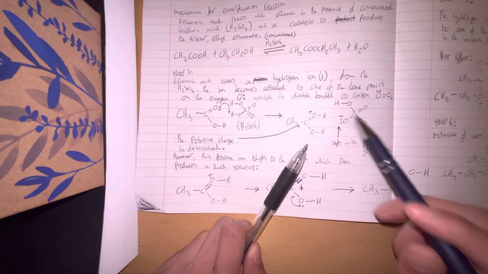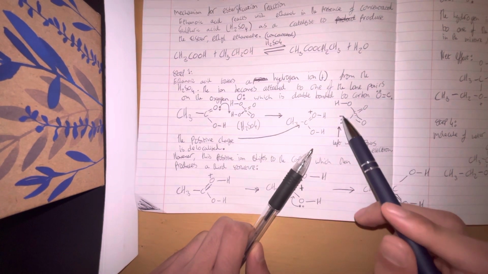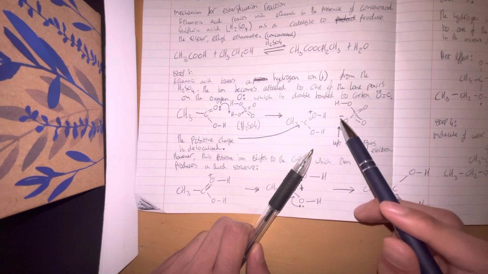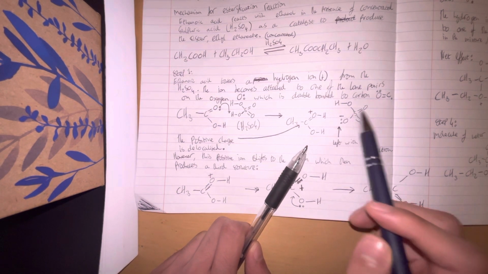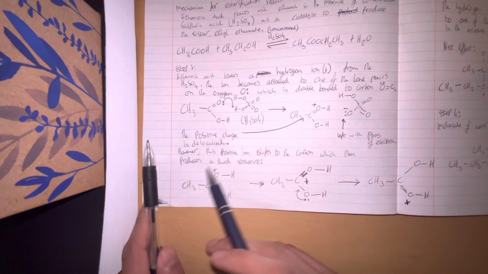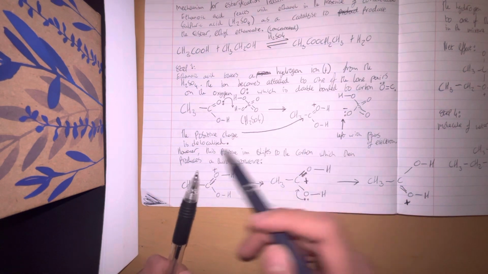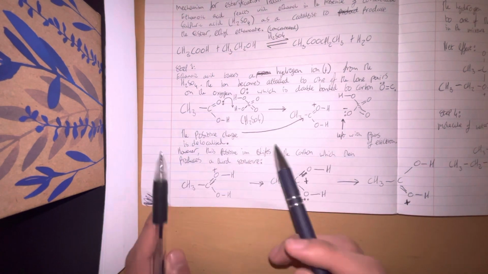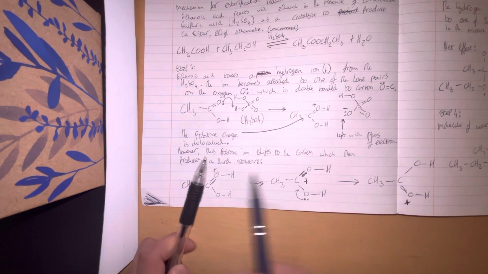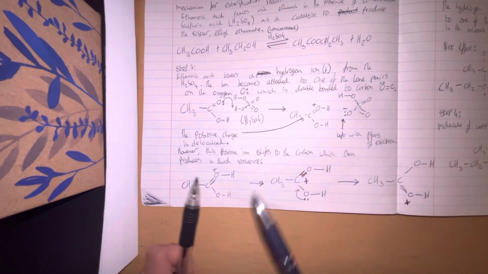So what's left with the sulfuric acid is it having no hydrogen, and it's left with pairs of electrons on the oxygen atom. So the positive charge is then delocalized. However, this positive ion shifts to the carbon, which then produces a third structure.